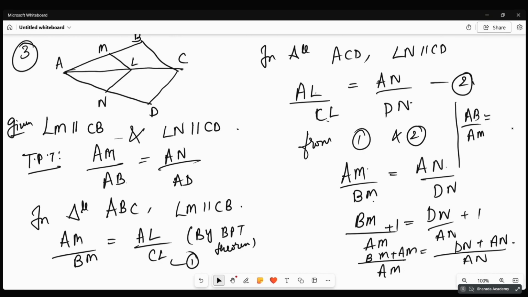DN by AN plus 1 is AD by AN. Now take the reciprocal, so AM by AB is equal to AN by AD. Write down this. Important problem, many times they ask this.